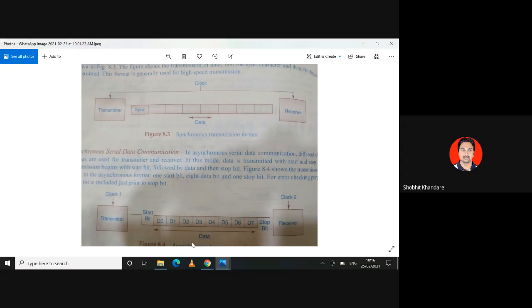Any questions you have related to this? So this is the synchronous transmission format, and you have the asynchronous transmission format. You can draw this figure as well as this figure to explain the difference between synchronous and asynchronous transmission. Is it okay? Shall we proceed further?